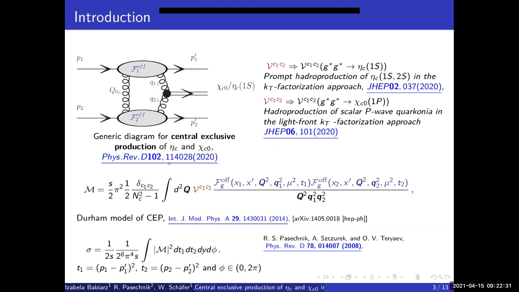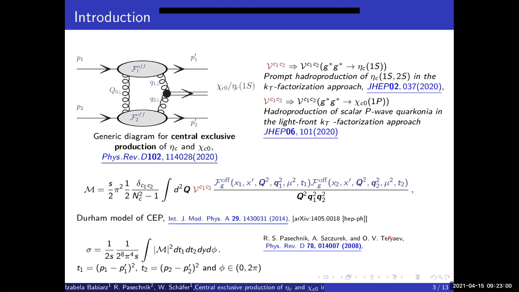As I mentioned before, the group of Pasechnik, Szczurek, and Babiarz derived many theoretical results, but in the NRQCD approach, and they did the scalar production, axial vector, and also tensor mesons.